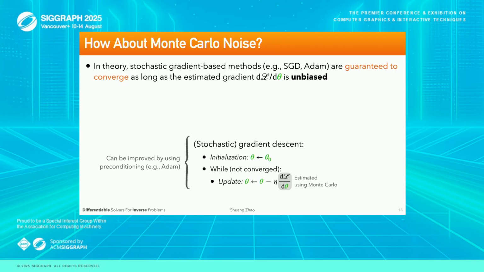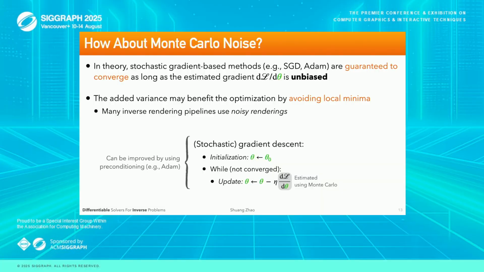Fortunately, this, at least at a high level, isn't a problem because mathematically speaking, stochastic gradient-based methods, including stochastic gradient descent, and to some extent Adam as well, are guaranteed to converge so long as the estimated gradient is unbiased. In addition, the added variance sometimes can even benefit the optimization by avoiding local minima.